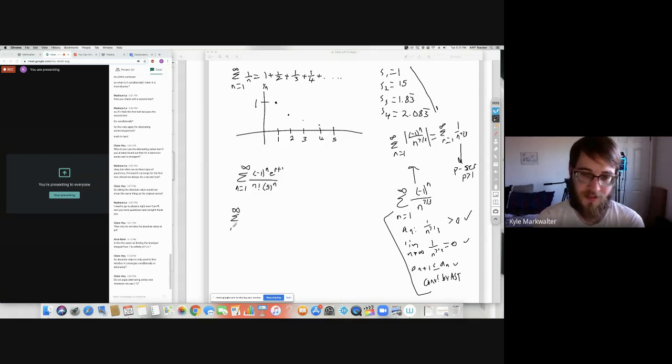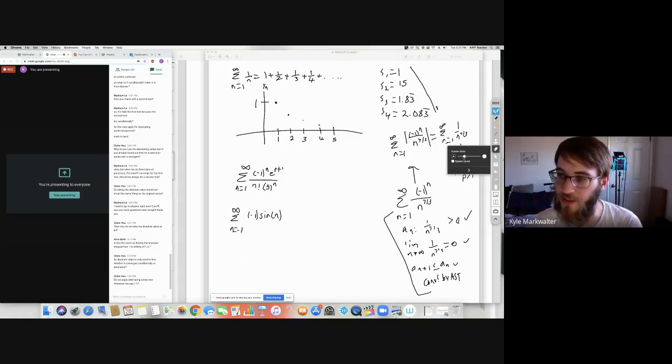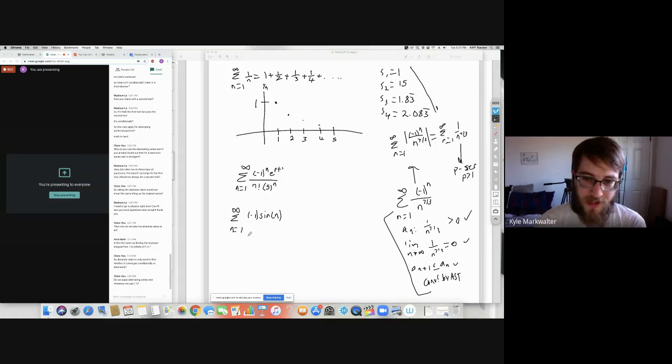Additionally, I can make up a series that looks alternating, but is not. This series looks like it would alternate, but it actually is not going to be alternating. How do I know that? Because as n ticks up, negative 1 to the n will alternate, but what about sine?